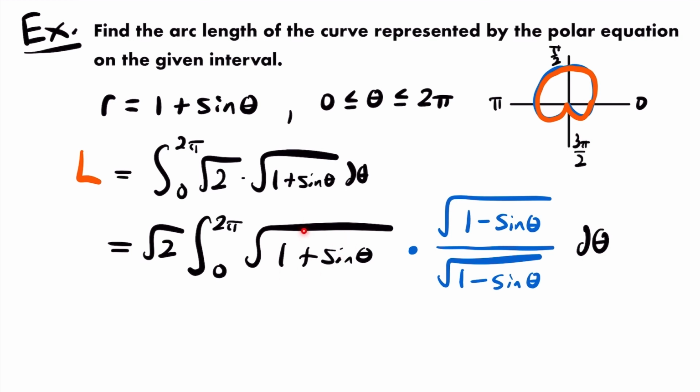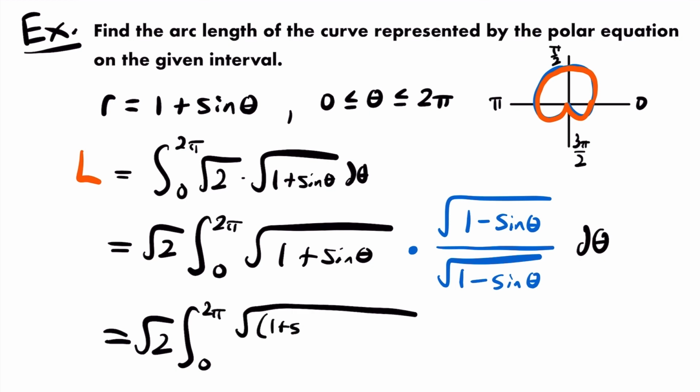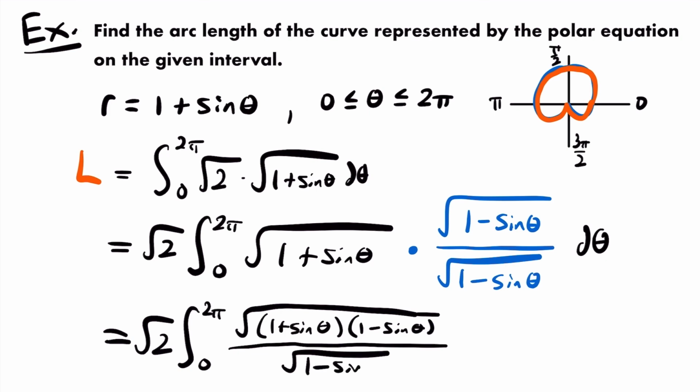Let's multiply this square root by this form of 1. If we do that, this will be equal to the square root of 2 times the integral from 0 to 2 pi of the square root of 1 plus sine theta times 1 minus sine theta, and then in the denominator, we have the square root of 1 minus sine theta, and then we have d theta at the end.